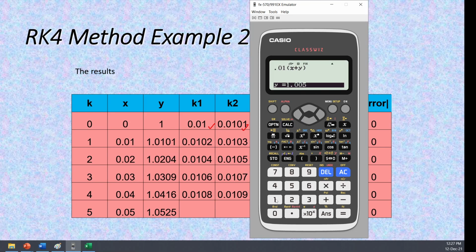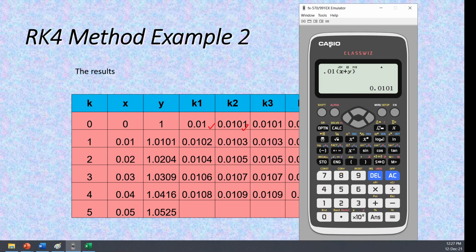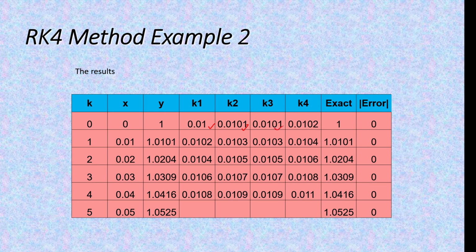For k3, y is 1 plus k2 divided by 2, so 1 plus 0.0101 divided by 2. Still the same, 0.0101. This is k3.